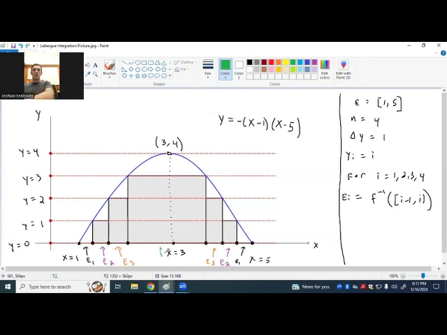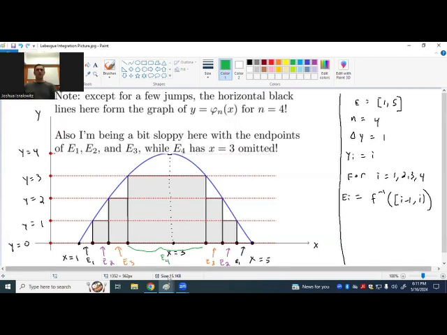The camera is blocking my view here. So this is all E4.